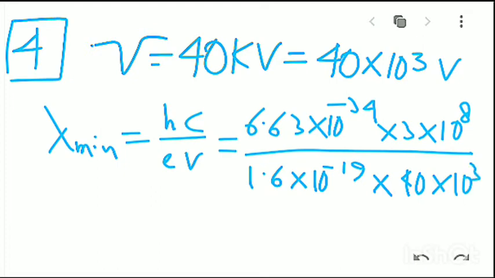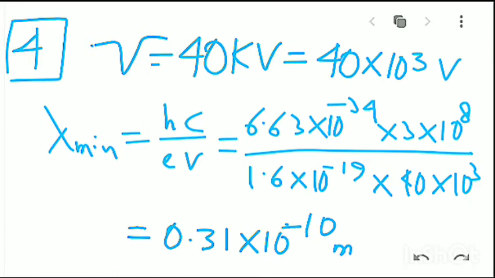Now we have to calculate this value. If I put it into the formula, we will find 0.31 into 10 to the power minus 10 meters.